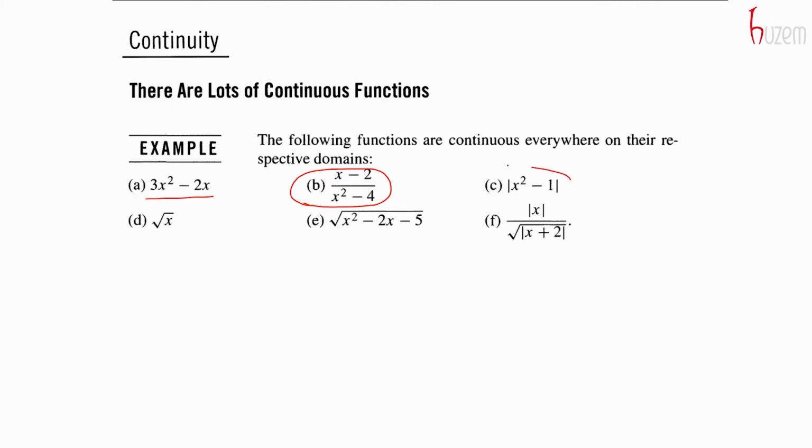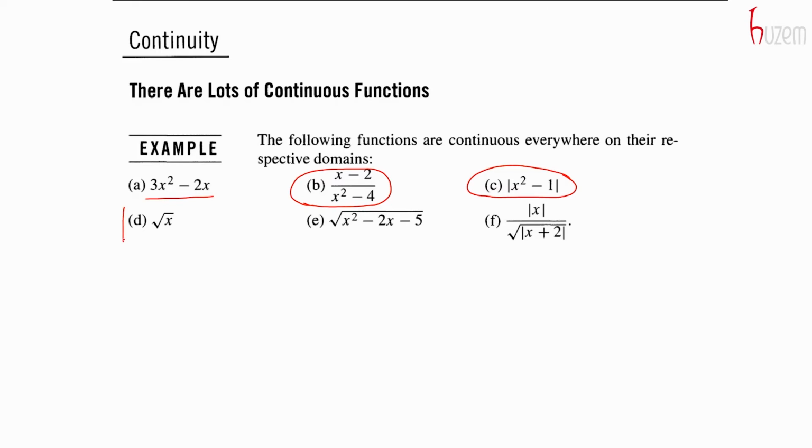And absolute value function, which is a composition function of absolute value function and the polynomial x squared minus 1, since they are both continuous everywhere, the composition is also continuous on real numbers.